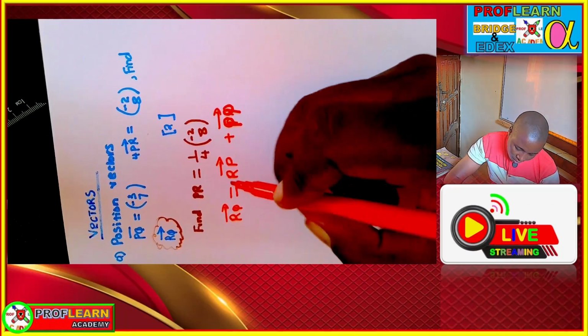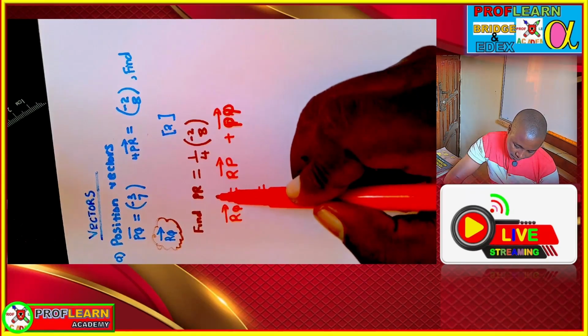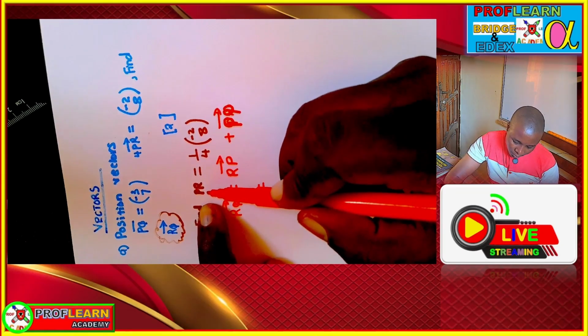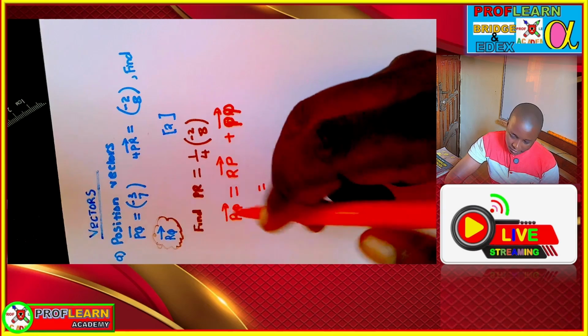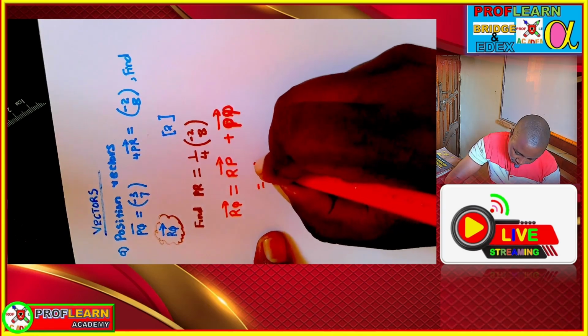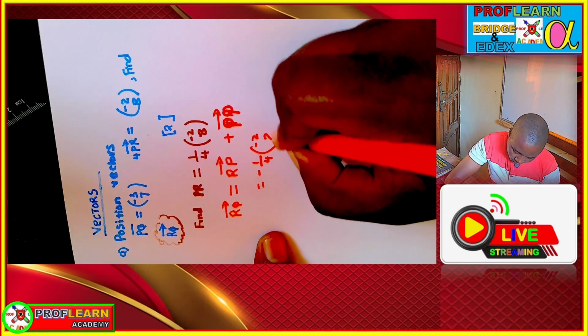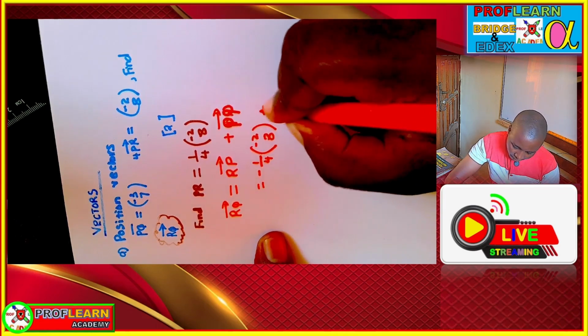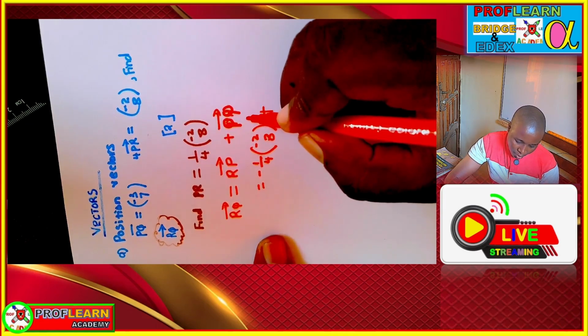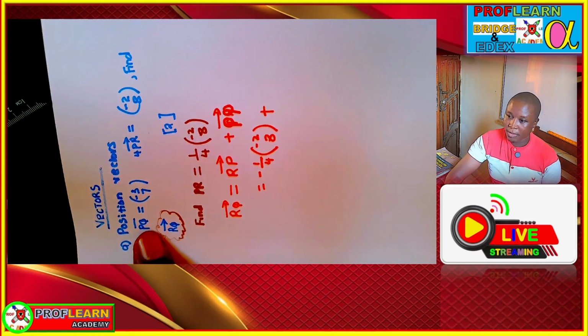But what is going to be our RP? Our RP is going to be negative of PR, so it's going to be -1/4 into bracket -28, then plus PQ. Do we have PQ? Yes, we do.